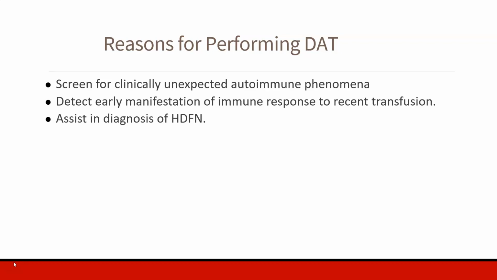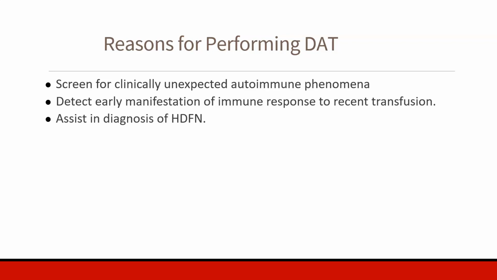So we've talked about what causes a positive DAT. Now we're going to talk about reasons for performing the DAT: to screen for clinically unexpected autoimmune phenomena. So if a patient is having autoimmune hemolytic anemia, the DAT in most cases will be positive. To detect the early manifestation of an immune response to recent transfusions, so the patient's actively making antibody to transfused donor cells.